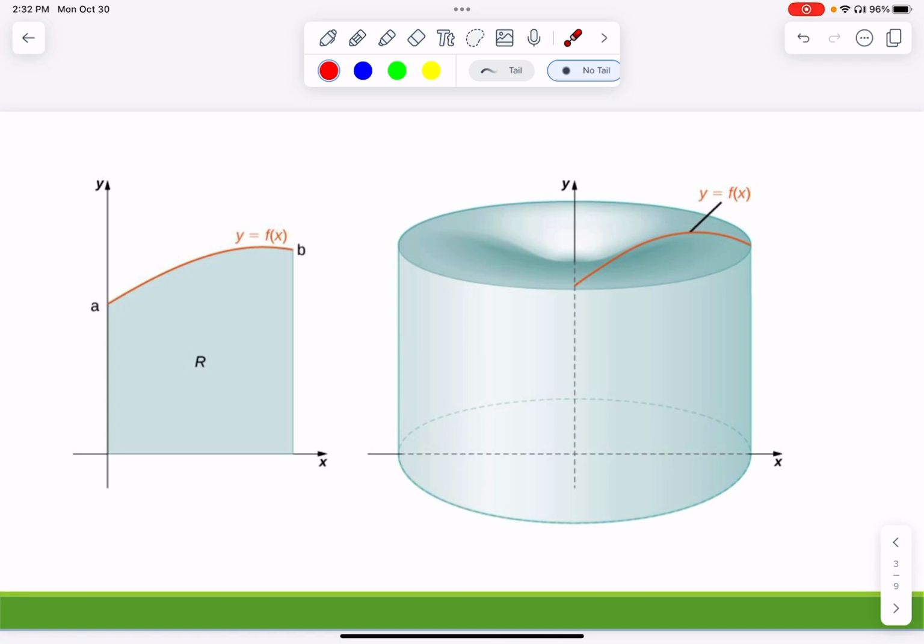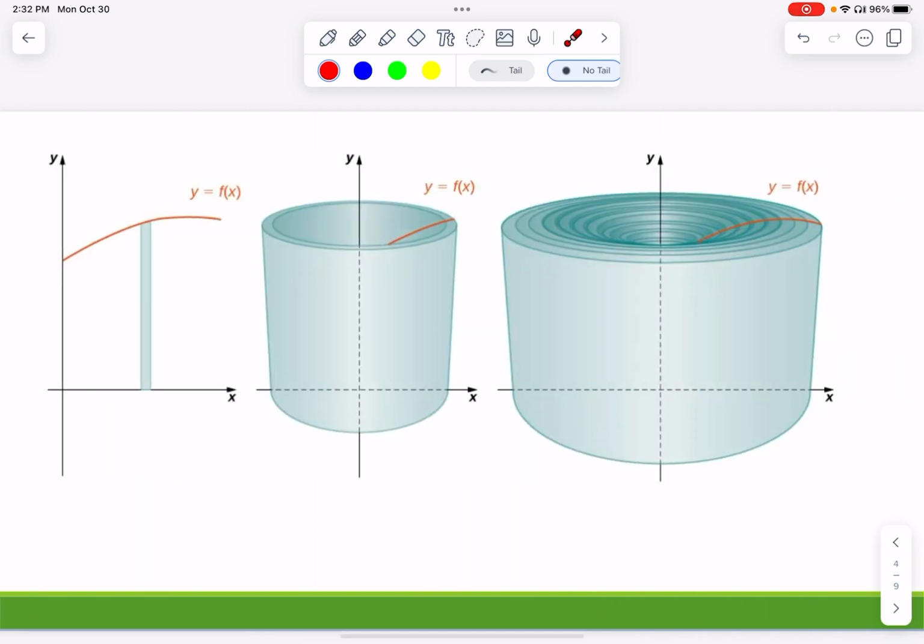And remember how we first started with all of these revolutions: by looking at a single rectangle and revolving it around an area and getting some sort of value.